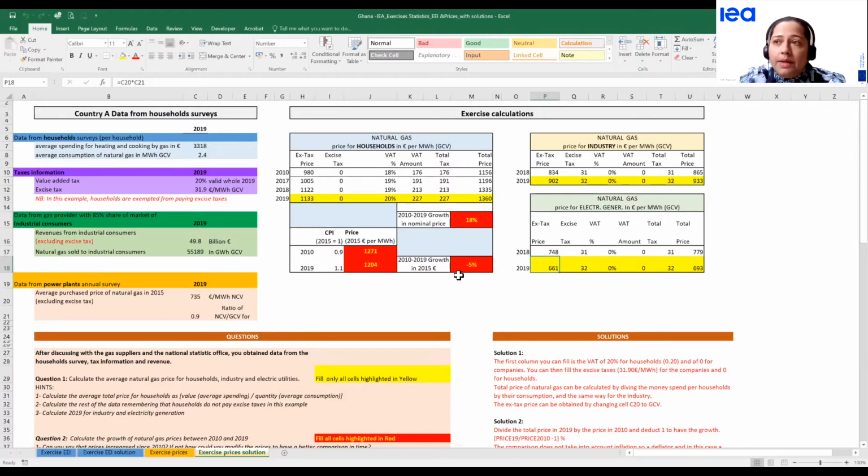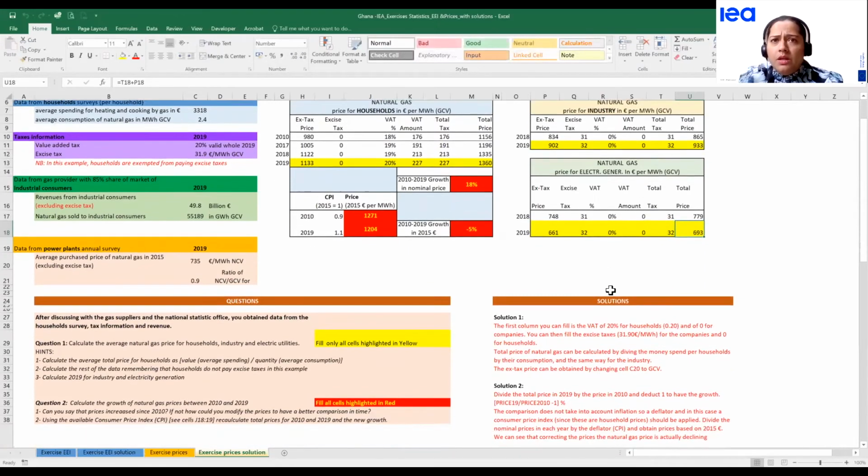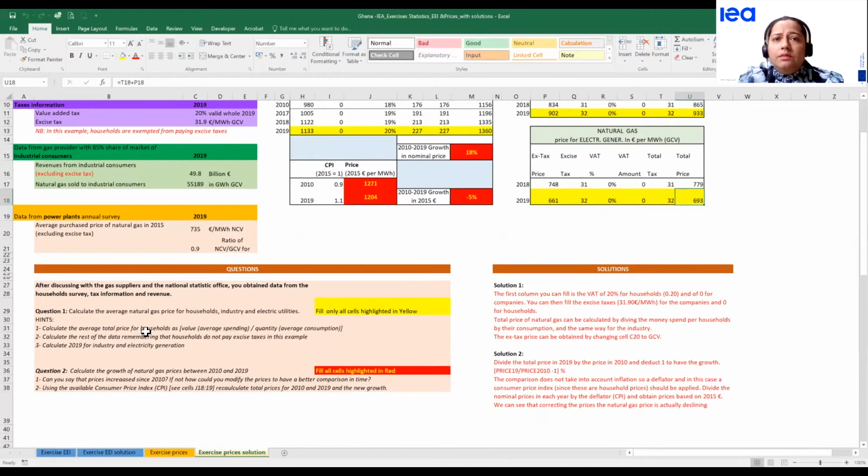So we know the ex-tax price. We know the excise tax. Again, the total tax is equal to excise tax, and your total price is the sum of your ex-tax price plus the total tax. So for question 1, we have answered everything.